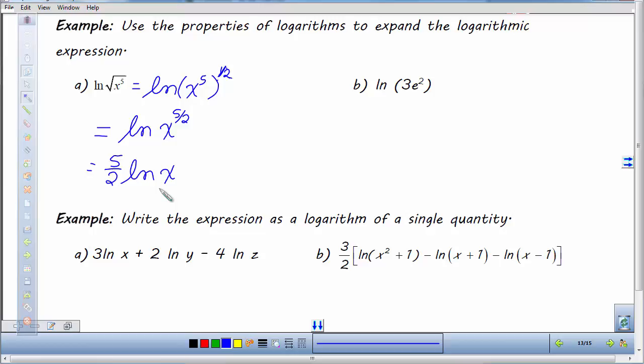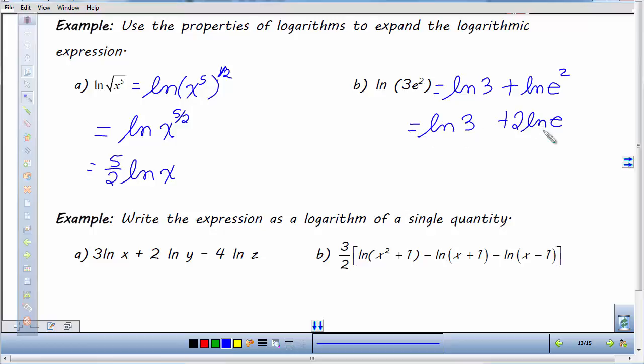All right, what about the natural log of 3e squared? Very good. So natural log of 3 plus the natural log of e squared. Now, what would we do? We can bring the exponent out front to natural log of e, but what do natural log and e do to one another?